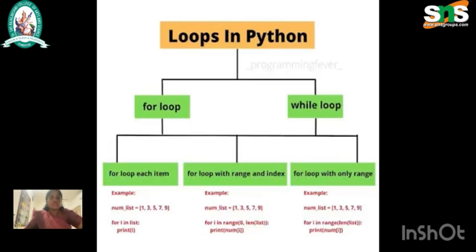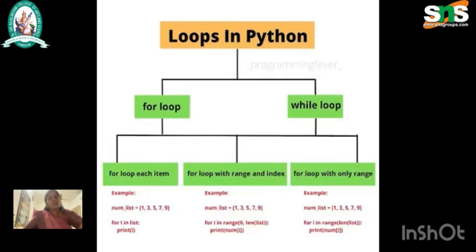Let us discuss the do while concept, or the nested looping concept, in Python. A nested loop is a loop inside another loop. The inner loop executes completely for every iteration of the outer loop. Again I am repeating, the inner loop executes completely after every iteration of the outer loop.